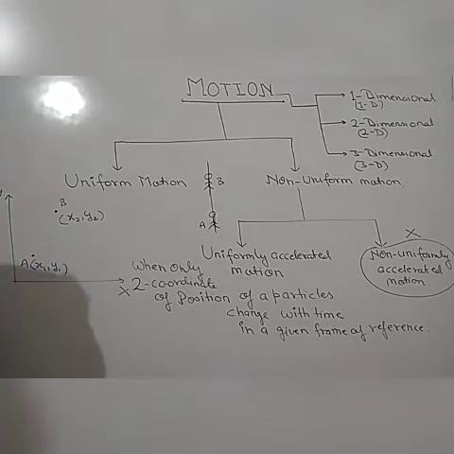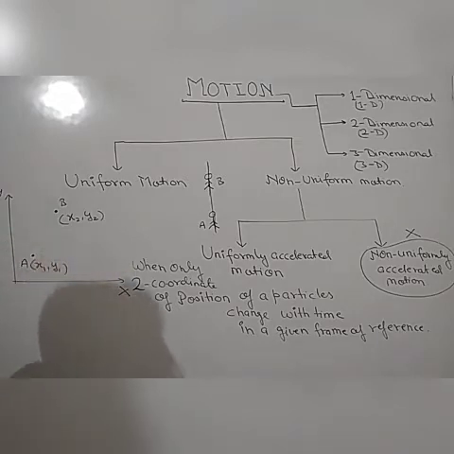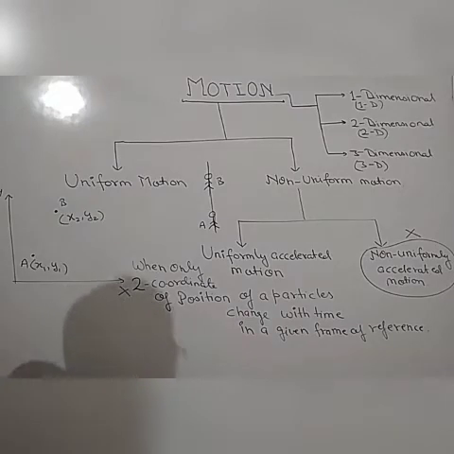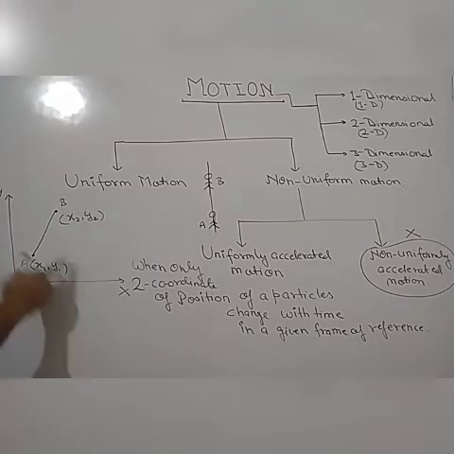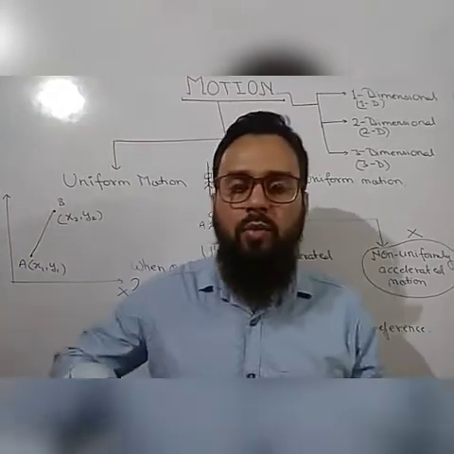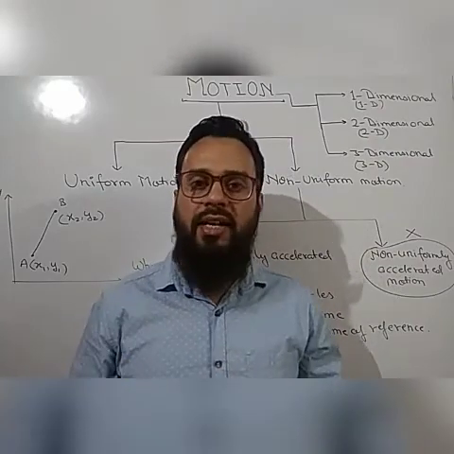It means when two coordinates of a particle change with respect to time in a given frame of reference, then this motion from A to B on the xy axes is said to be two-dimensional motion. So when you move on your bike, up to the point where you are moving on a straight line, that particular path is known as one-dimensional motion.